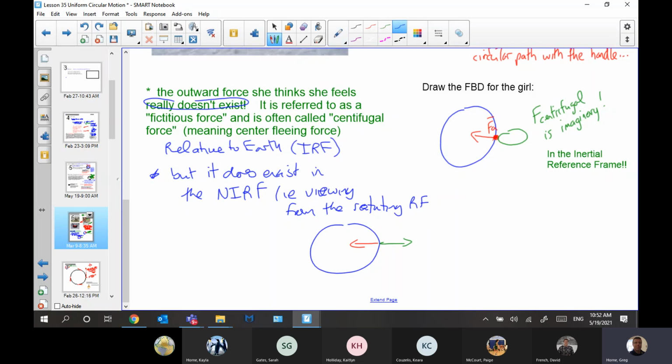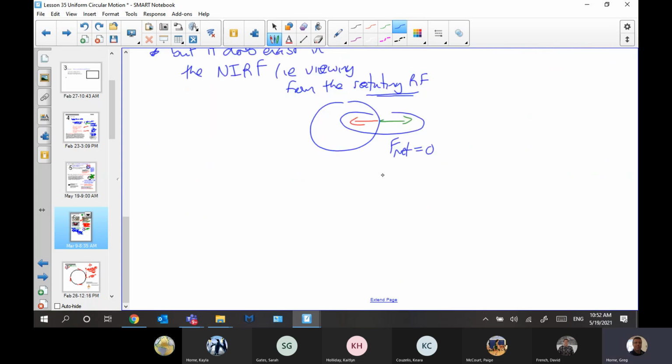And of course, in that rotating reference frame, we've got a net force of 0, which explains why acceleration equals 0 relative to the bar she's holding on to. Yeah, let's do that.